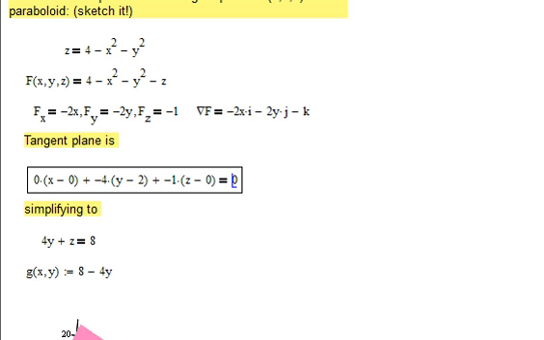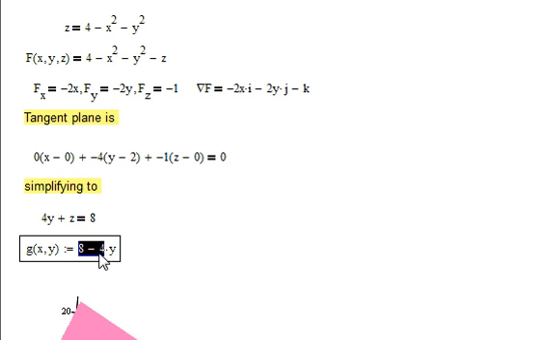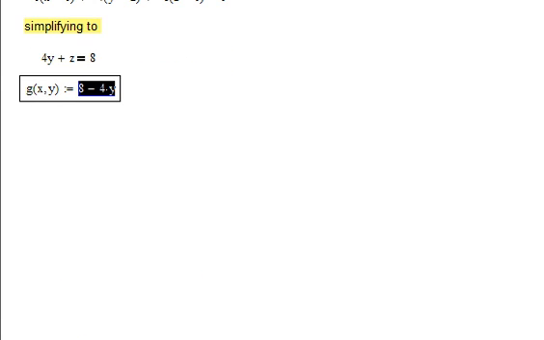And I'm going to graph the surface and the tangent plane. The tangent plane is 8 - 4y, and the surface is the paraboloid we saw earlier.